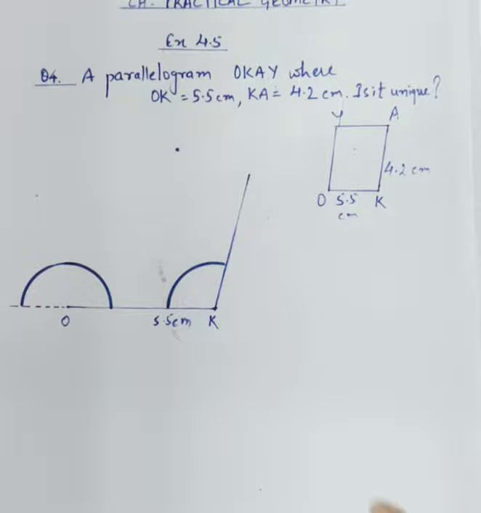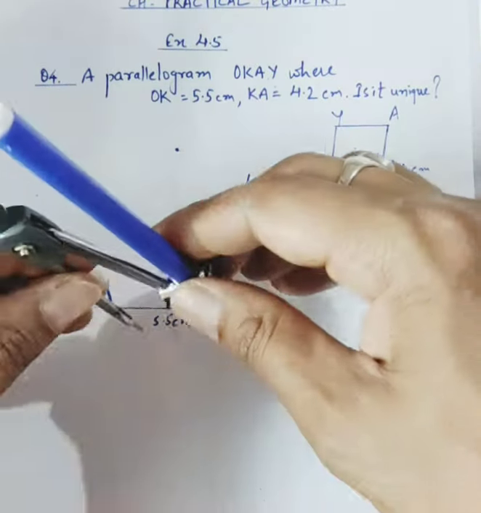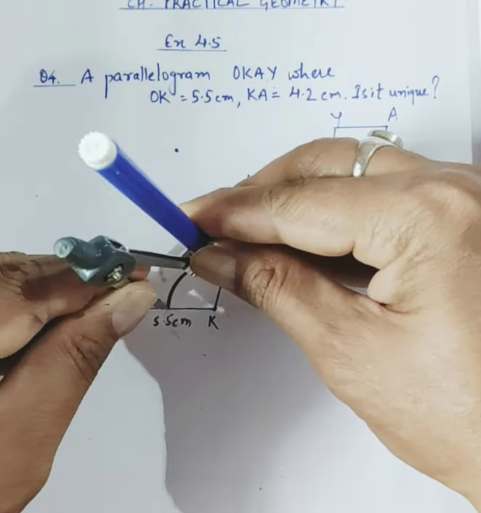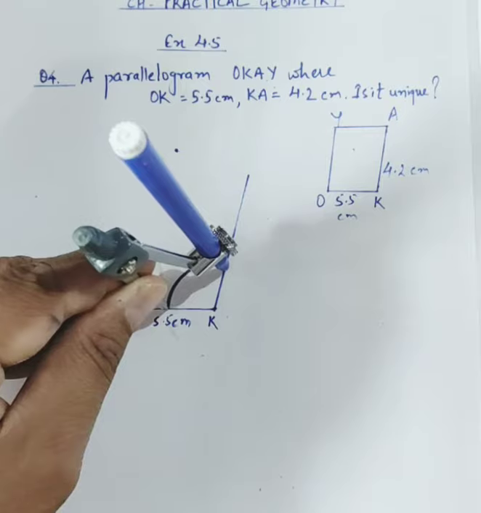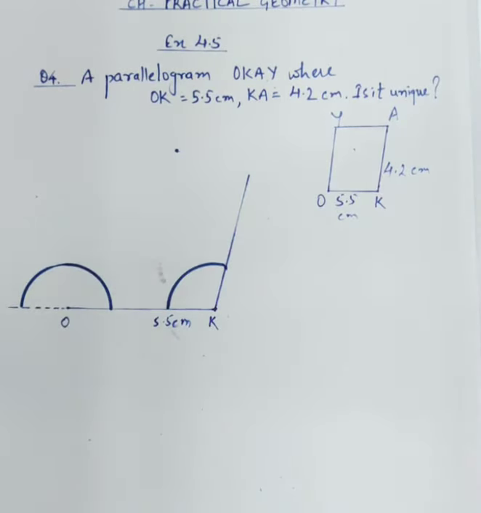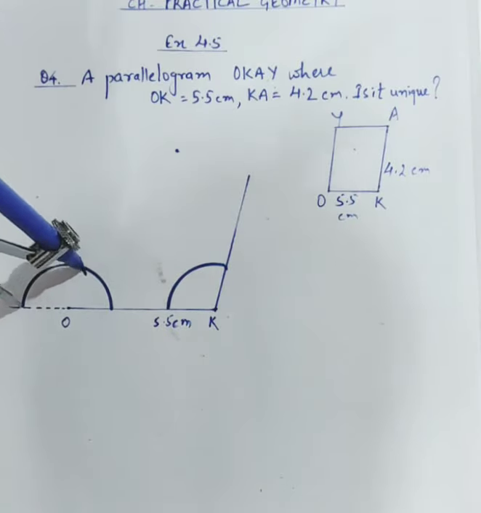Now we will measure this angle by the help of compass. So we will keep one point here and one point here. So we have measured this angle. See this carefully. Now putting the compass point here, we will draw an arc.